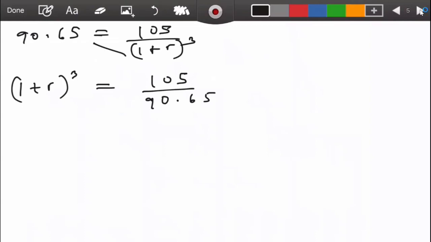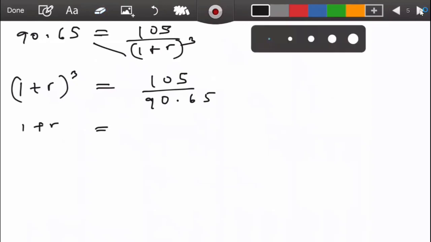I will take the cube root of both sides, but before I do that, let me divide this first to make it easier to understand.